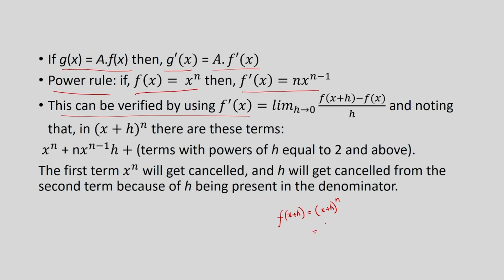Now, this term can be decomposed as x to the power n plus n x to the power n minus 1 times h plus n multiplied by n minus 1 divided by 2 times x to the power n minus 2 h squared, and so on. Whatever these terms are, the powers of h will be h squared multiplied by something, then h cubed multiplied by something, and so on. The last term will be h to the power n.